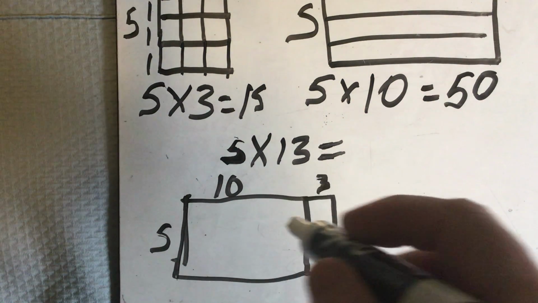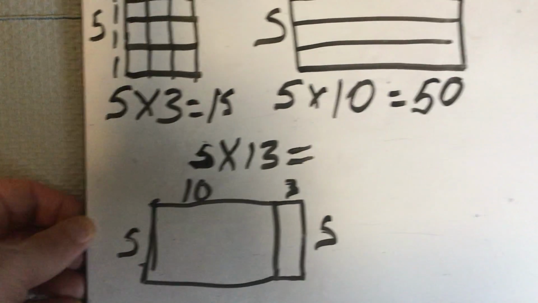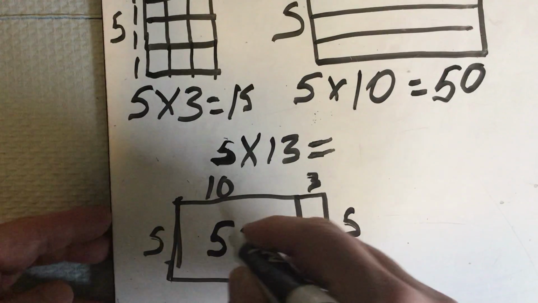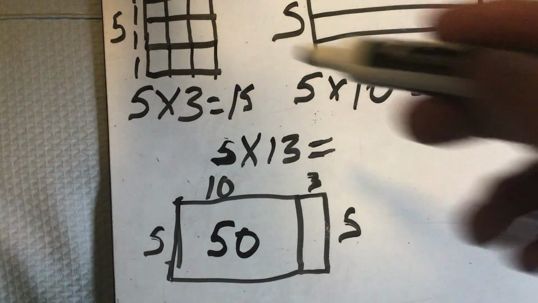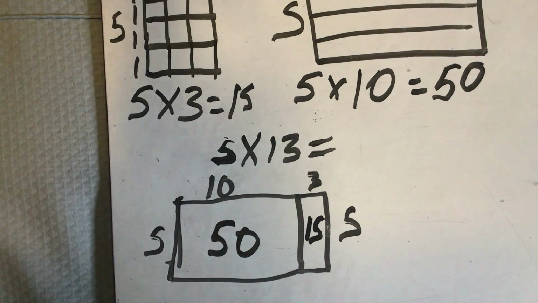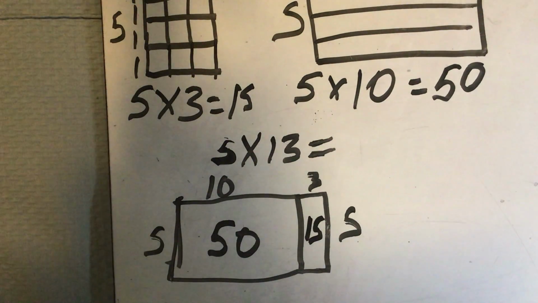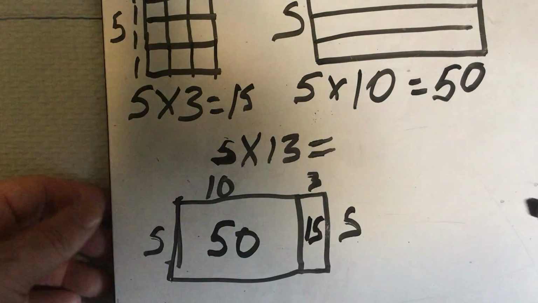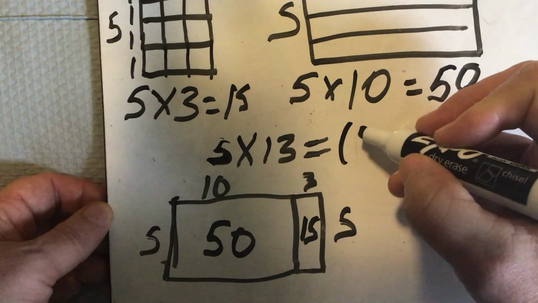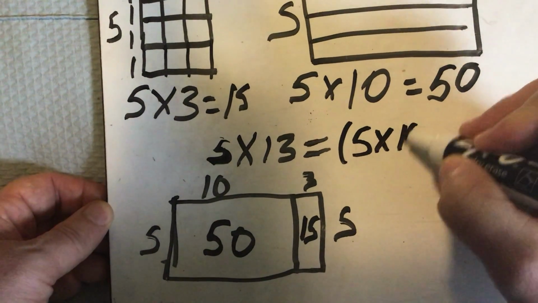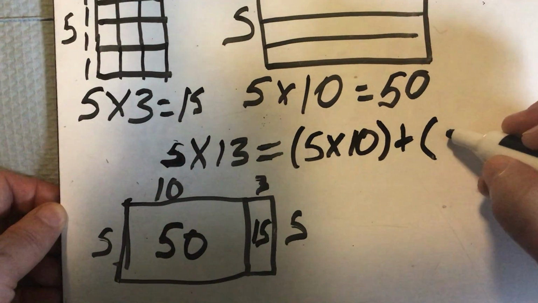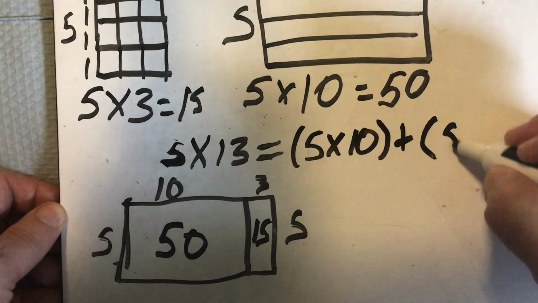So 5 times 10 equals what? 50. And then we had the 5 times 3 up here, which equals 15. We can also write it out this way: 5 times 13 equals 5 times 10, in parentheses, plus 5 times 3.